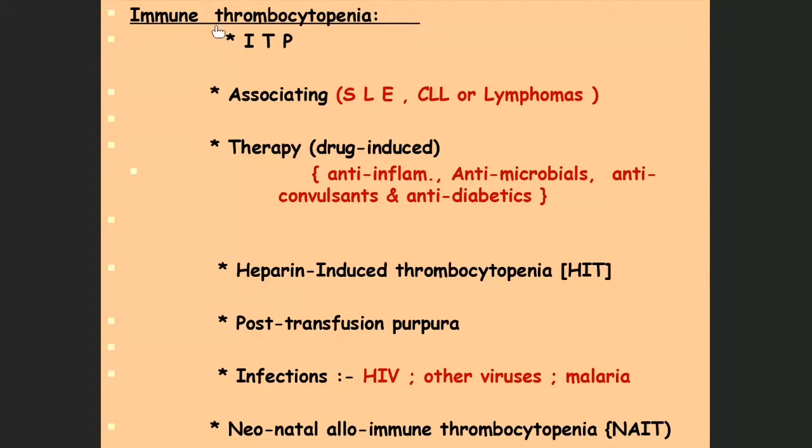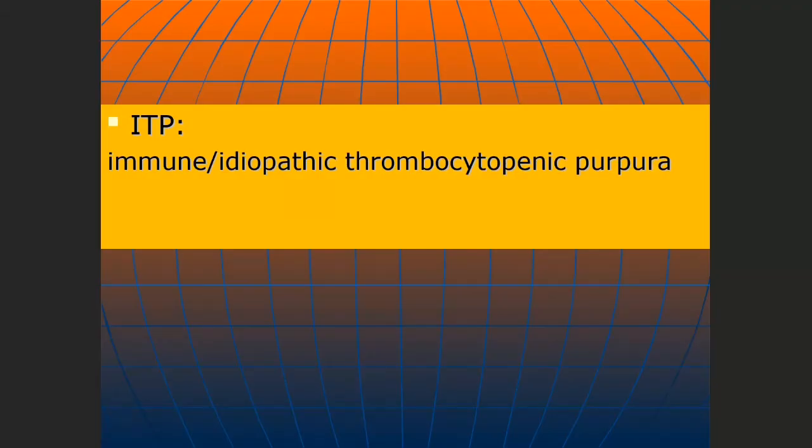Okay, these are the different types of immune thrombocytopenia. We will discuss the ITP in some details. ITP, idiopathic thrombocytopenic purpura.